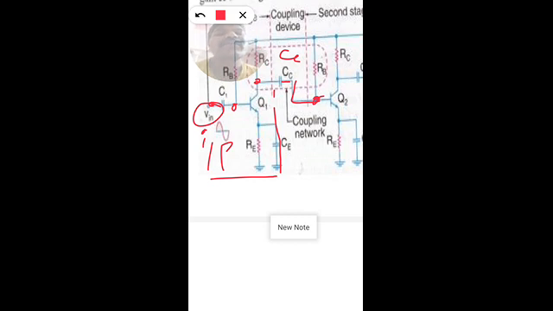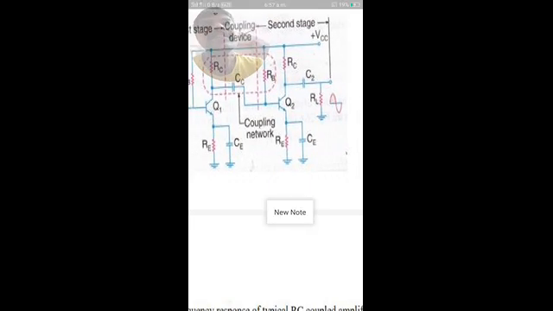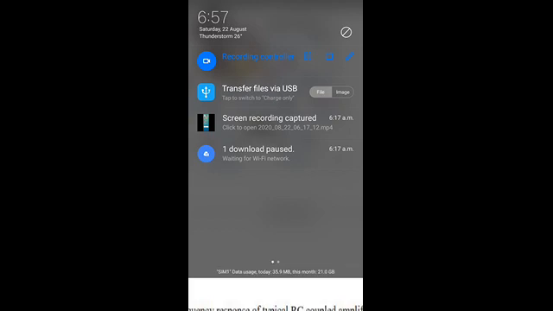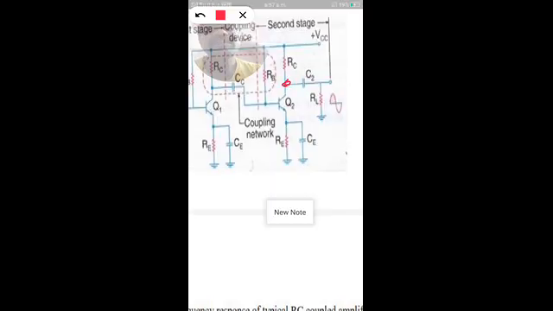Now the second stage amplifier amplifies the amplified signal of the first stage further, and the final amplified signal of the two-stage RC coupled amplifier is obtained at the collector of the second stage, which is connected to the load.